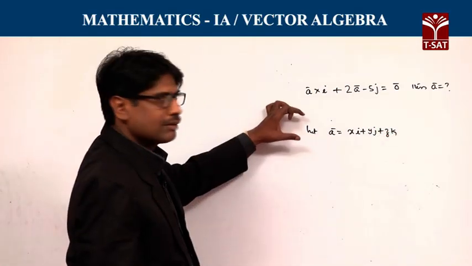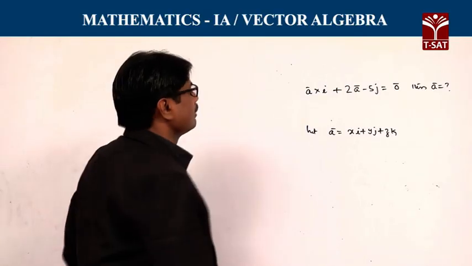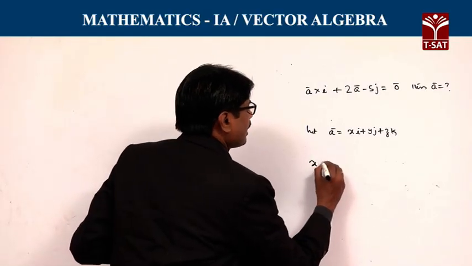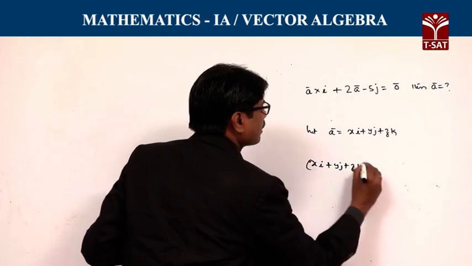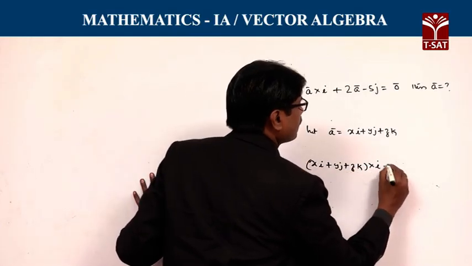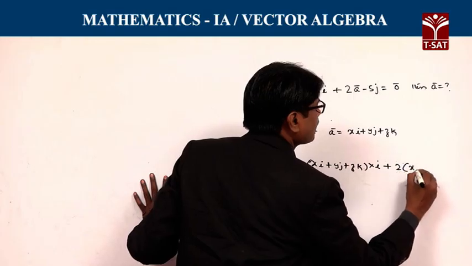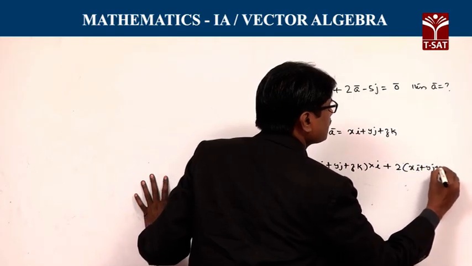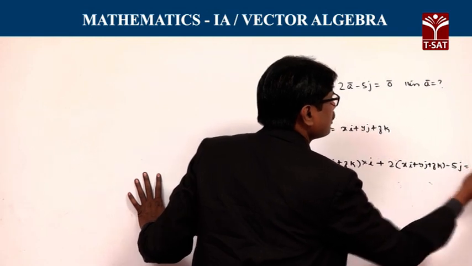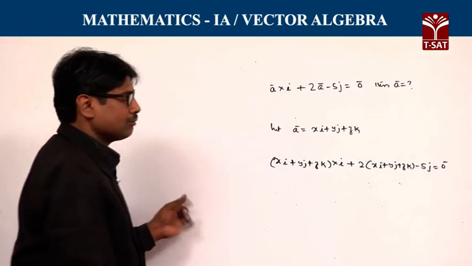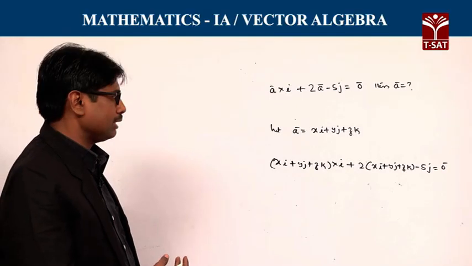Substitute this a bar vector here: x times of i bar plus y times of j bar plus z times of k bar cross i bar plus 2 times of xi bar plus yj bar plus zk bar minus 5 times of j bar is equal to 0 bar. Find the values of x, y and z by equating.